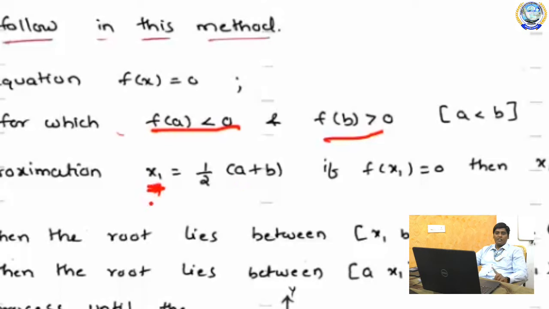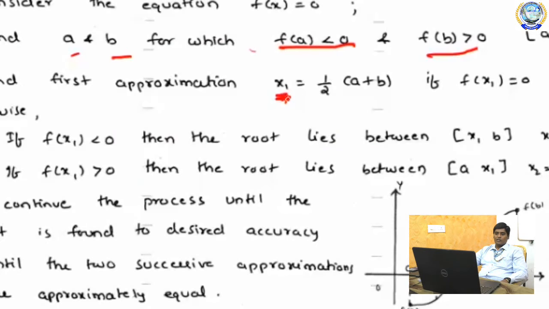If I substitute this x1 in the given curve equation and f of x1 equals 0, then x1 becomes the root of the equation. If f of x1 is not equal to 0, and it is a negative value, then the root lies between the positive and negative.